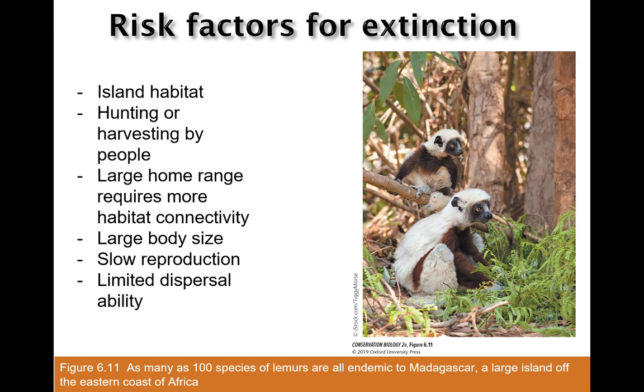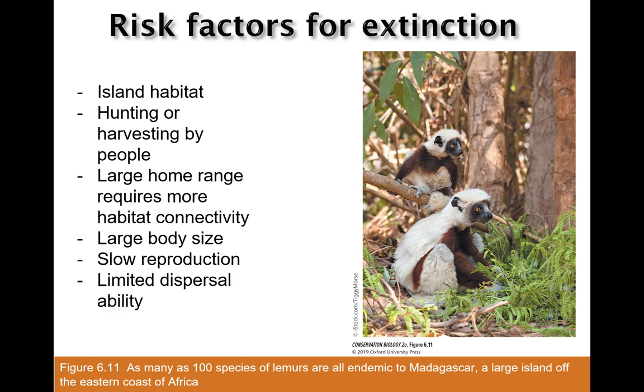We also have hunting or harvesting by people. That obviously is an external factor from the habitat available, and is affected by increases in human population and our need for protein or other resources, black market trade, etc.